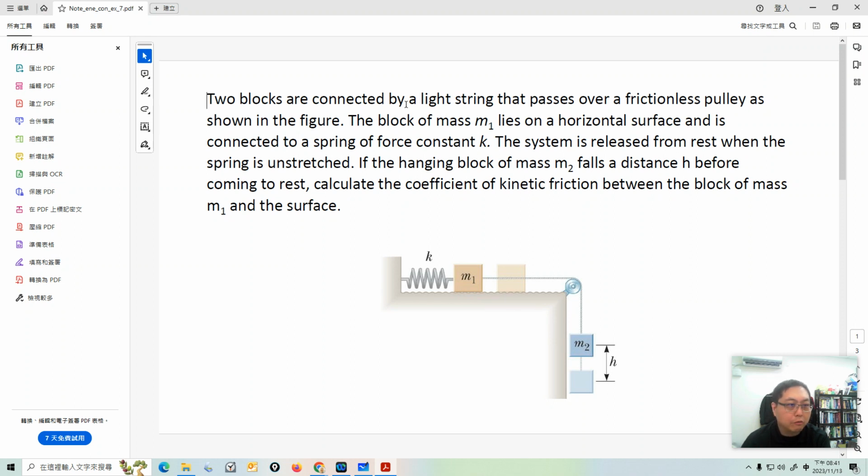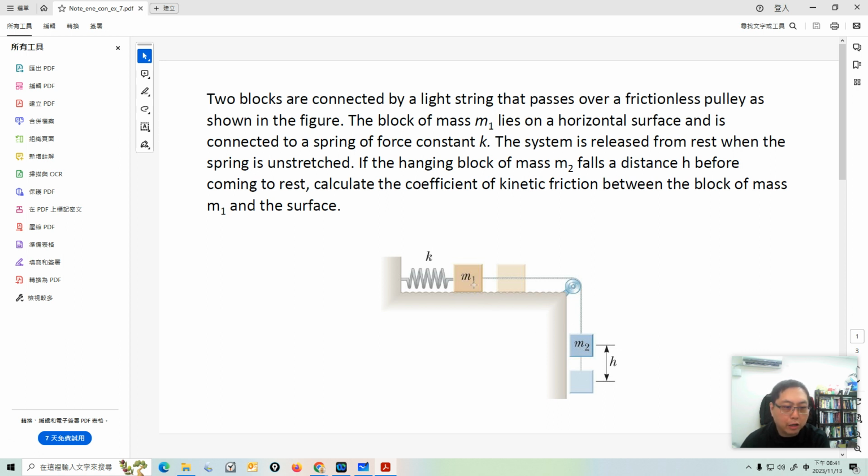Let's see what the description of the problem is. Initially M1 and M2 are at rest. The system is released from rest. Let's suppose that the mass of M2 is greater than M1.